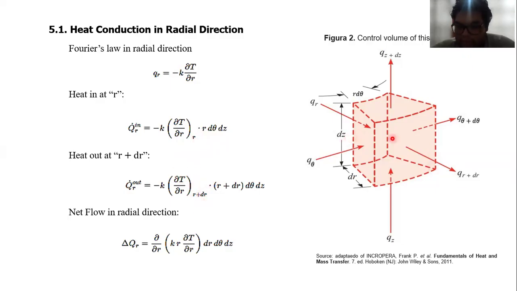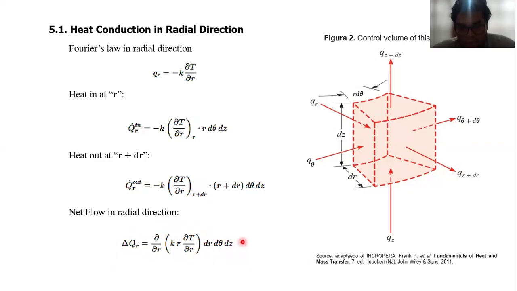Then we have the net radial flow, that is the subtraction, Q out minus Q in, and we have this equation: delta Qr is a variation with respect to r of k times r times the gradient of temperature with respect to r, with this area.